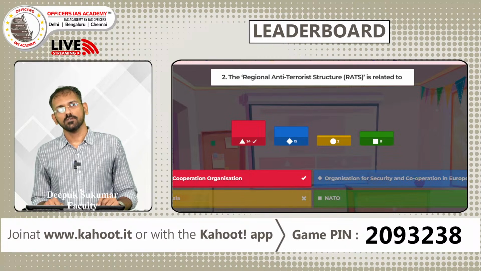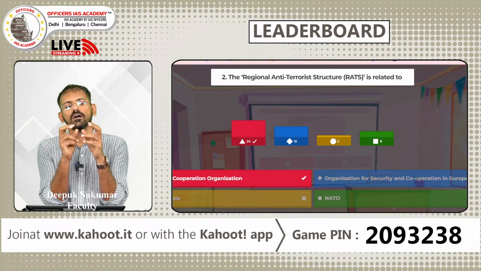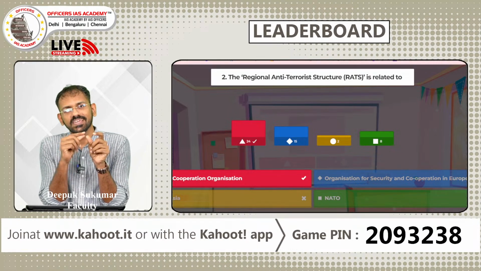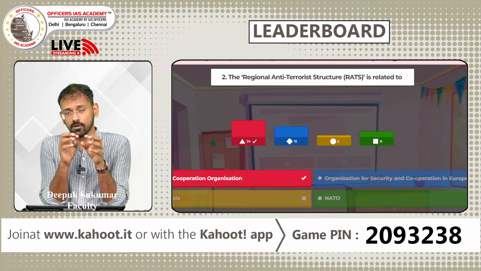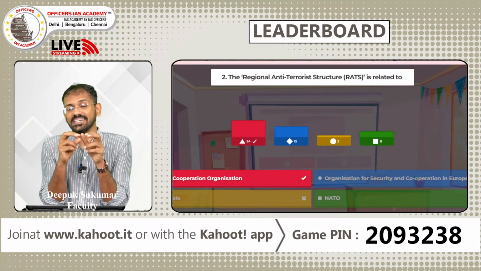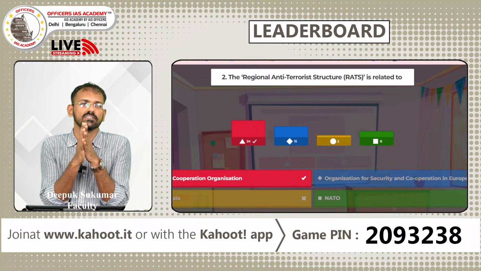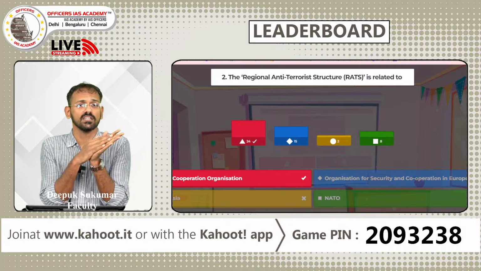With respect to organizations, it's always very important that you know which countries very relevant to India are a part of it and not a part of it. For example, this pertains to anti-terrorist structure. With respect to the Shanghai Cooperation Organization, you should know whether Pakistan is a part of it or not.